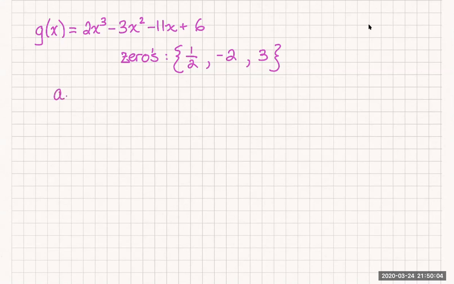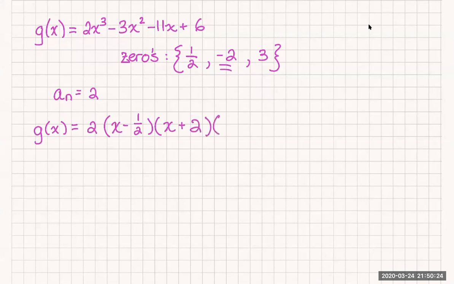Well, my leading coefficient is 2. So it says g of x can be written as the leading coefficient times x minus 1/2 times x plus 2, because minus a -2 is plus 2, and x minus 3, okay?